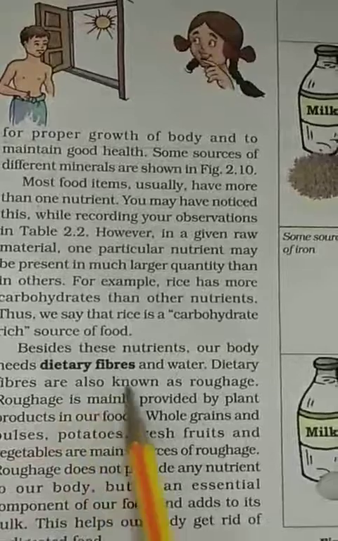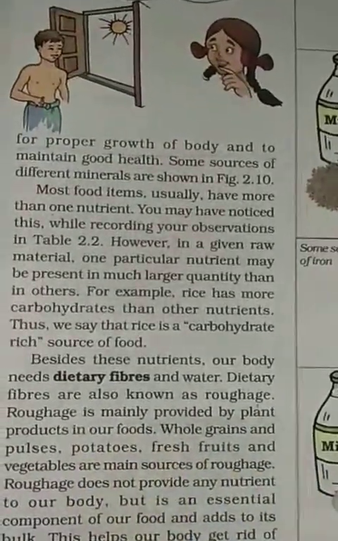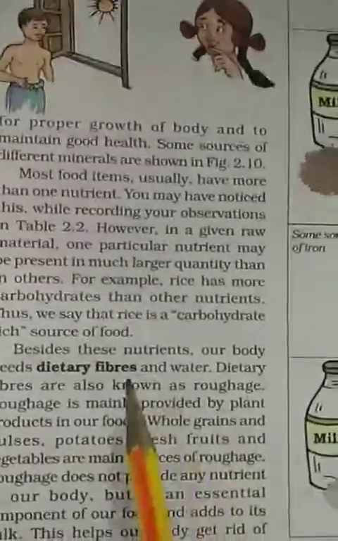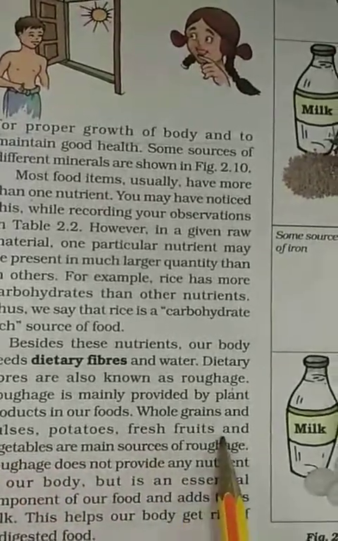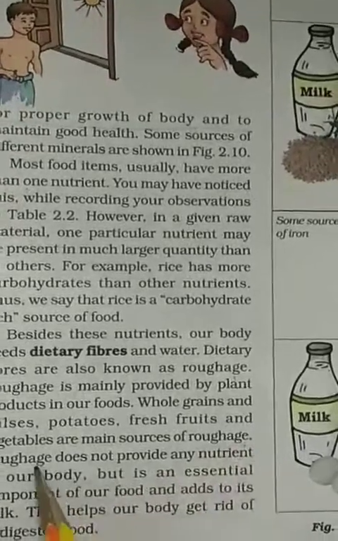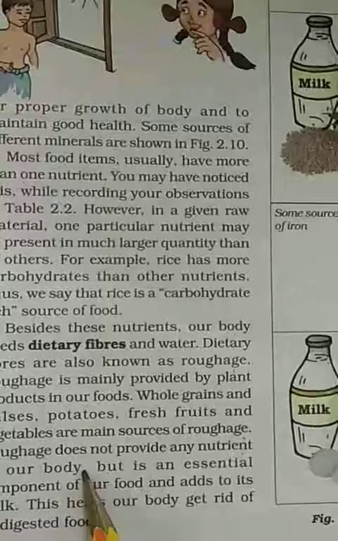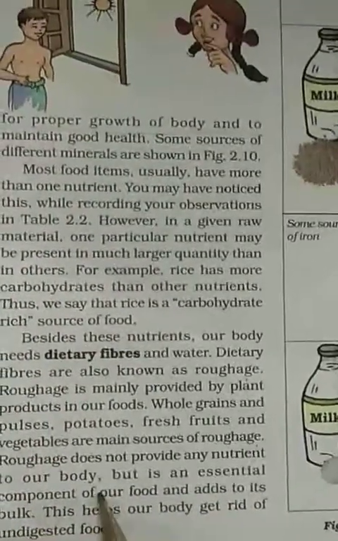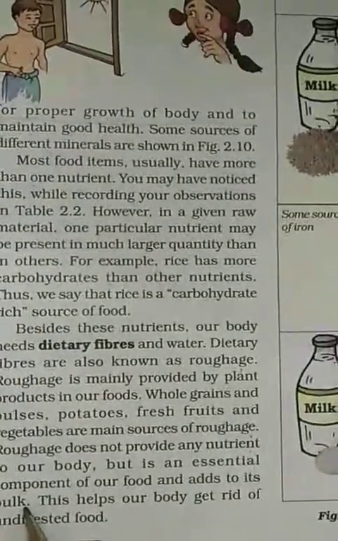Dietary fibers are also known as roughage. Roughage is mainly provided by plant products in our foods. Whole grains and pulses, potatoes, fresh fruits and vegetables are main sources of roughage. Roughage does not provide any nutrient to our body but is an essential component of our food and adds to its bulk.